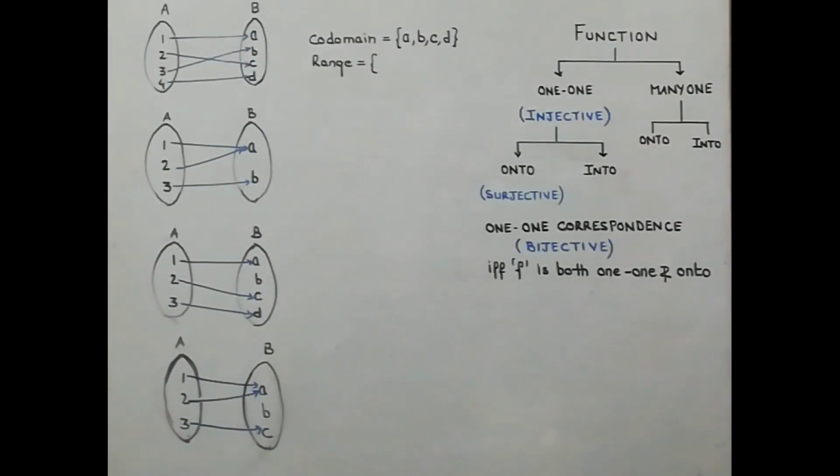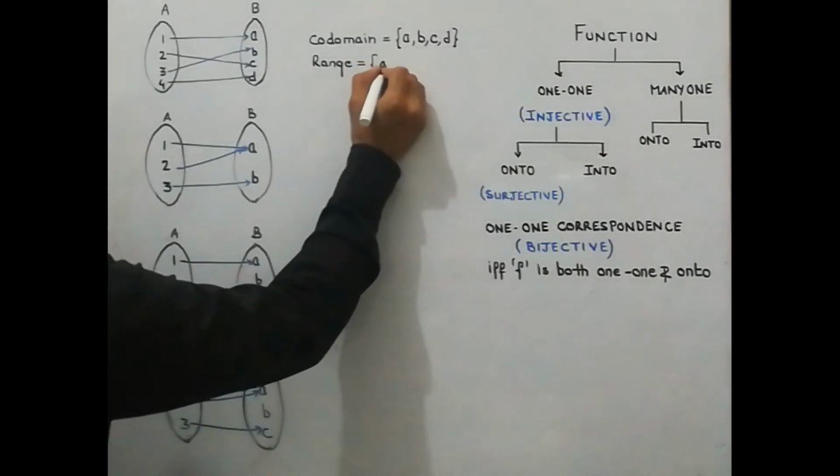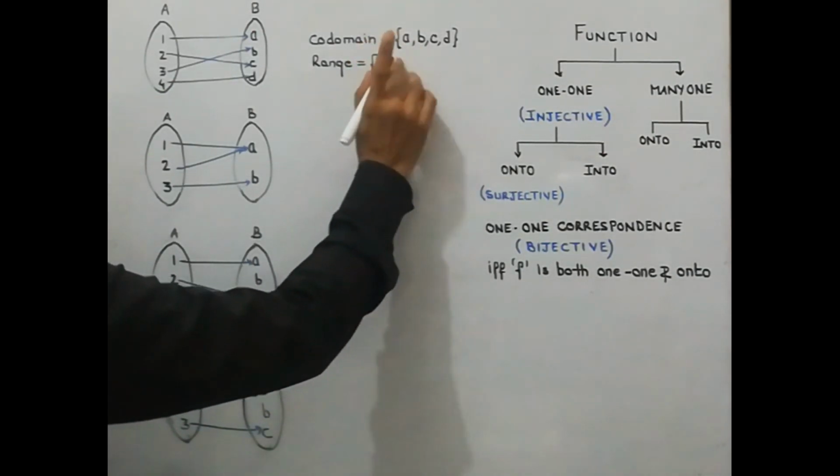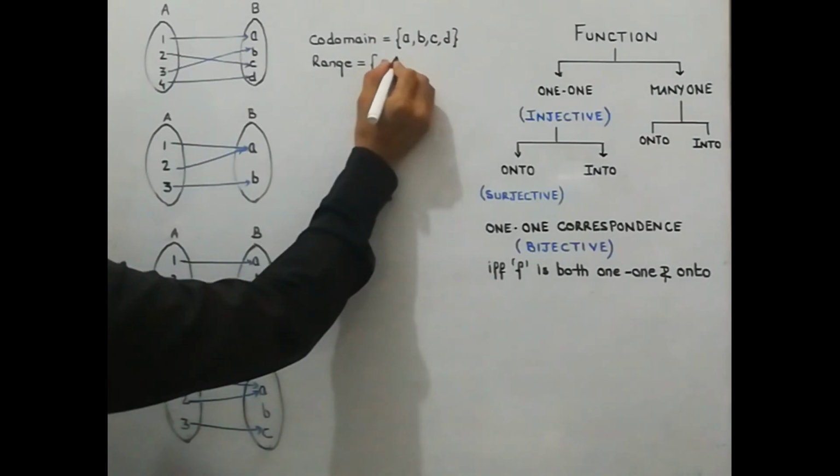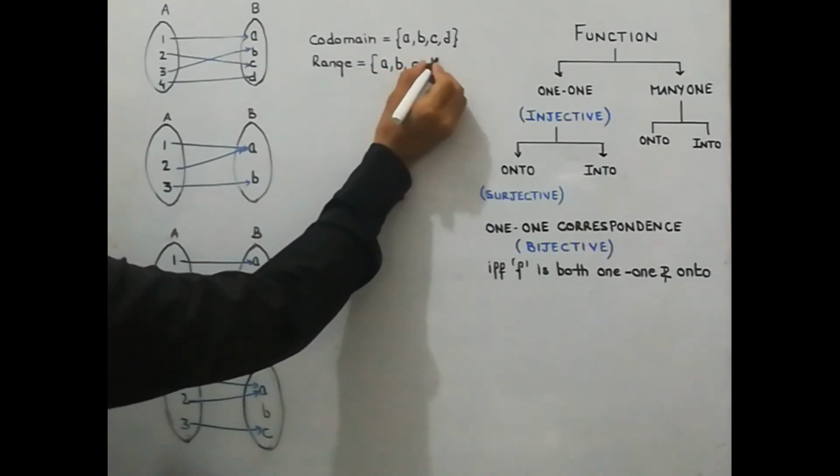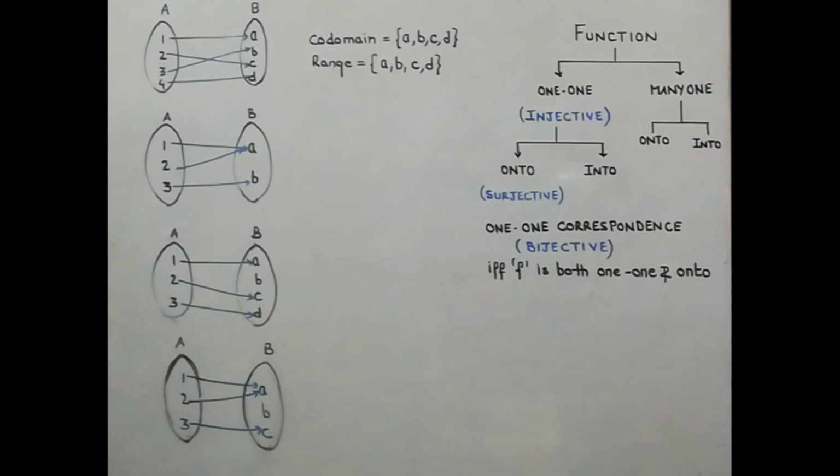You can see A, B, C, D all are having a pre-image. So we will say A, B, C, D will be the range.